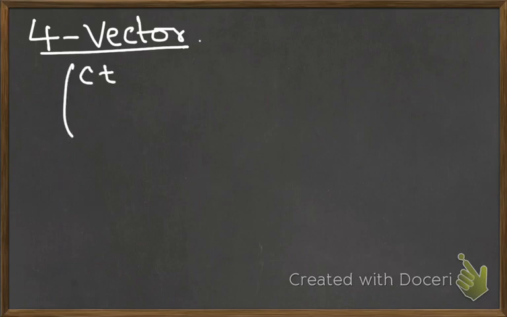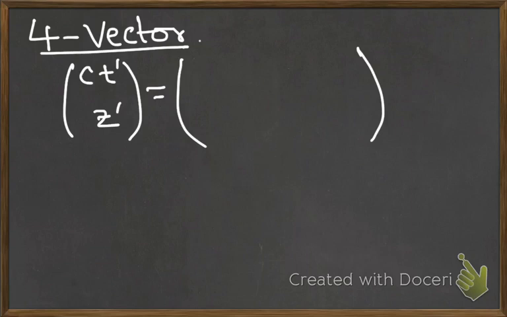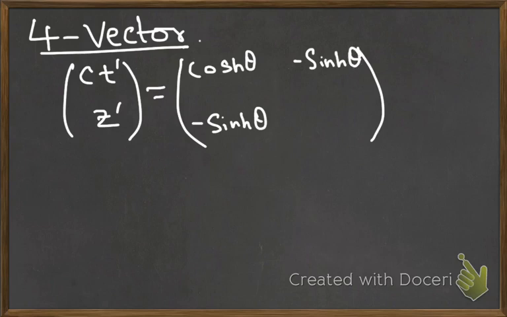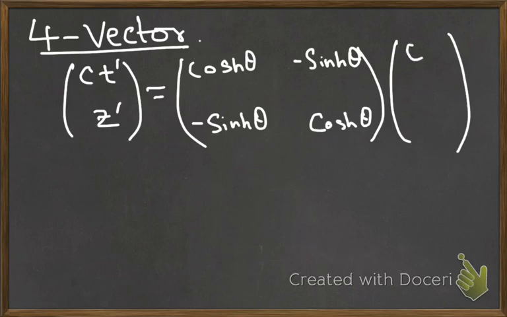We have ct prime, z prime is equal to a transformation matrix that is cosh theta, minus sinh theta, minus sinh theta, and cosh theta. All of this matrix acts on ct and z.